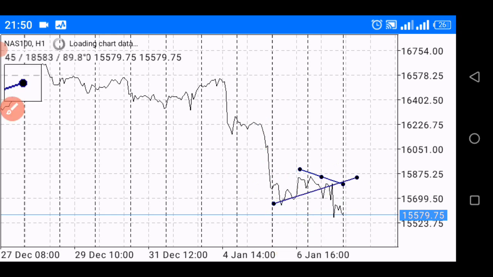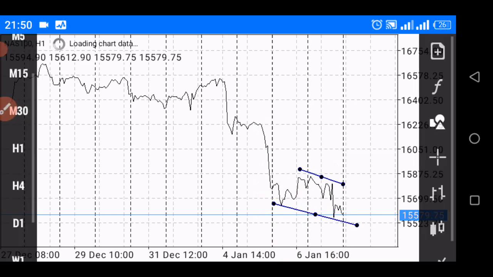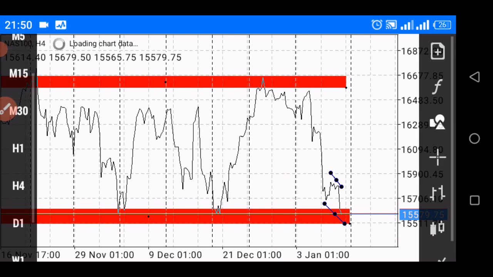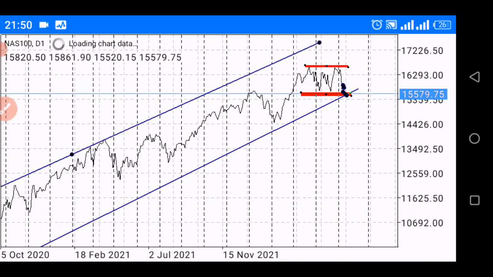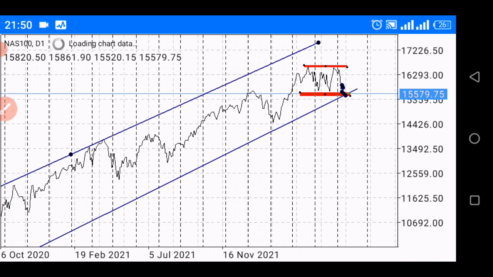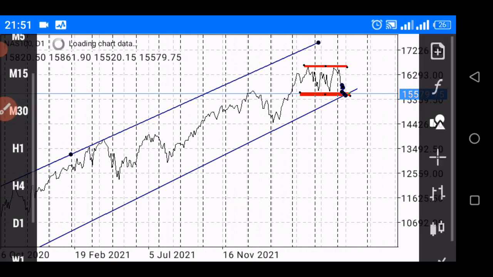Maybe the market is going up or is going to break this channel. So we should wait because we have to follow the market step by step. We are not going to move ahead of the market, and the market is going to provide us information.